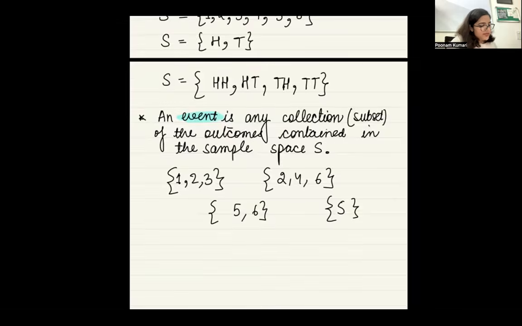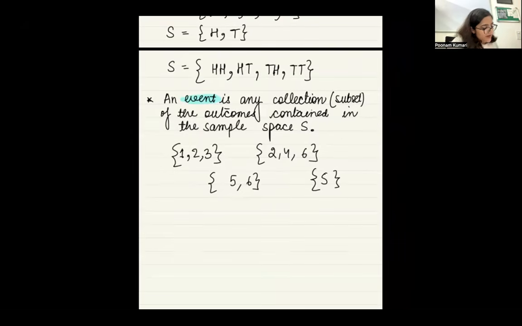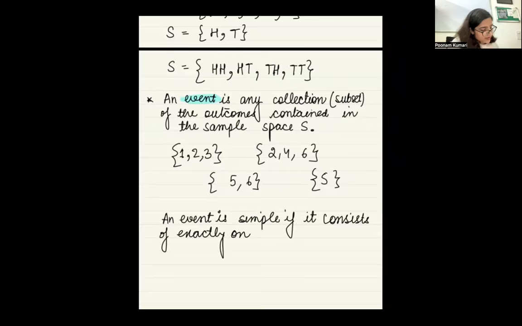And there is another definition, which is a simple event. The event that we have could be simple or it could be compound. An event is simple if it consists of exactly one outcome. So if I have an event like this, it is a simple event because there is only one outcome in this.